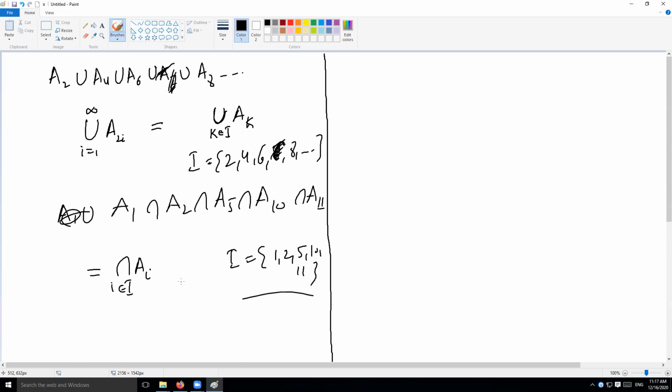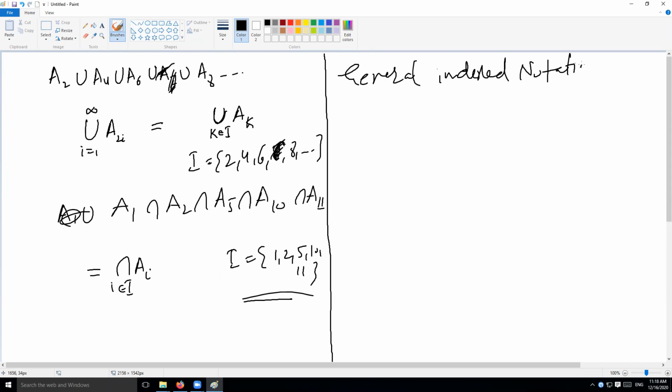So that would be a clever way to write it: put these indices in a set and then say that I'm taking the intersection of Ai's where i is in the index set I. All of these can be put into this general index notation.